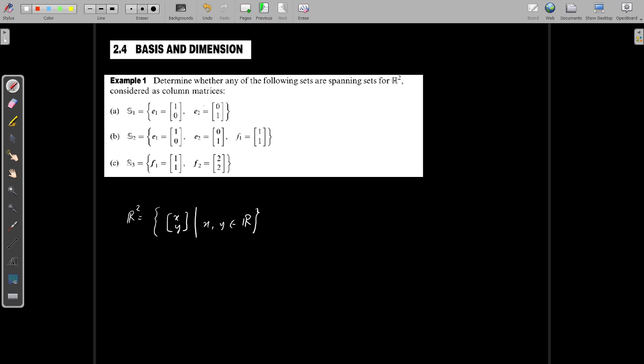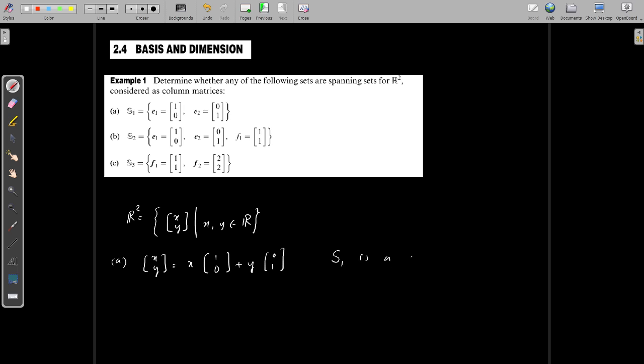First we consider the first one, A, which was already discussed in the previous session. Any (x, y) can be written as x times (1, 0) and y times (0, 1). So this shows that S1 is a spanning set.